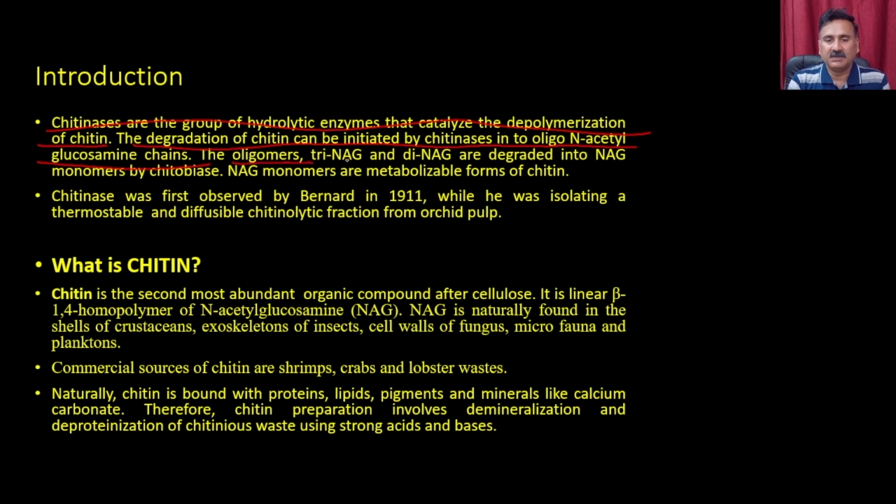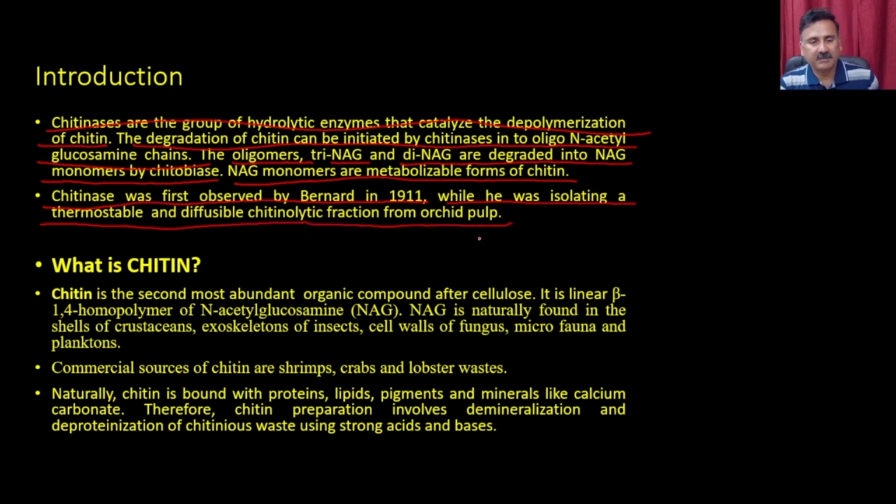The oligomers tri-NAG and di-NAG are degraded into NAG monomers by chitobiase, and NAG monomers are the metabolized form of chitin. Chitinases were first observed by Bernard in 1911 while he was isolating a thermostable and dissolvable chitinolytic fraction from orchid bulbs. So, the question is, what is chitin?